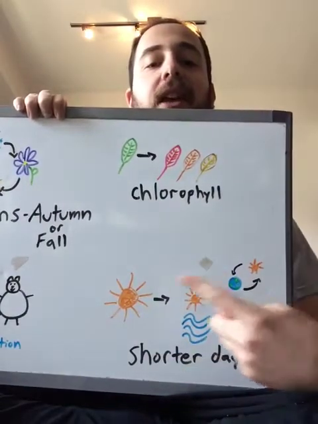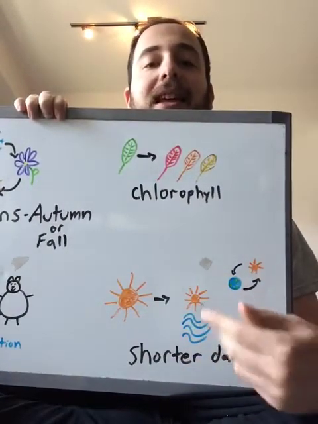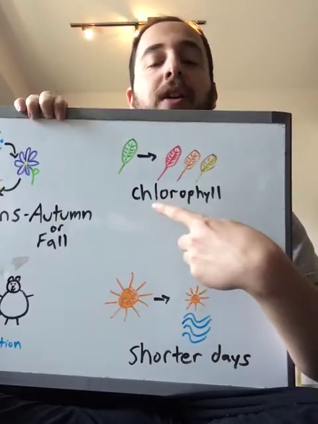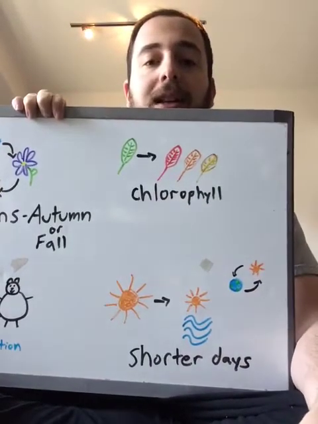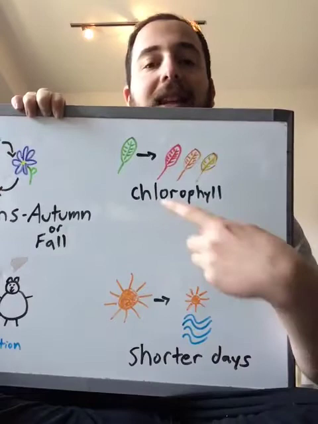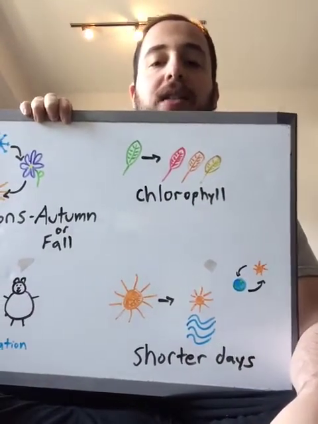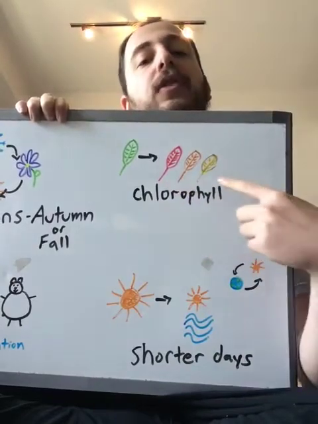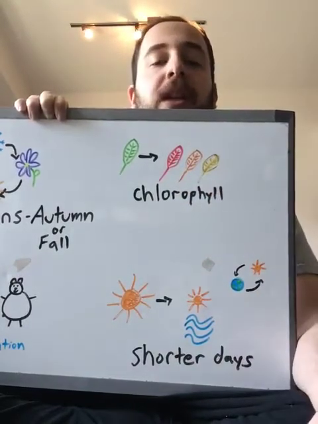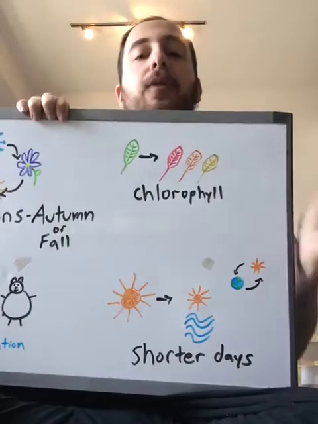So as the days get shorter and there's less and less sunshine, there's less and less chlorophyll in the plants and the leaves, and they can't turn the leaves as green as they do when it's sunny. And so the leaves start to change colors into beautiful reds, orange, and yellow.